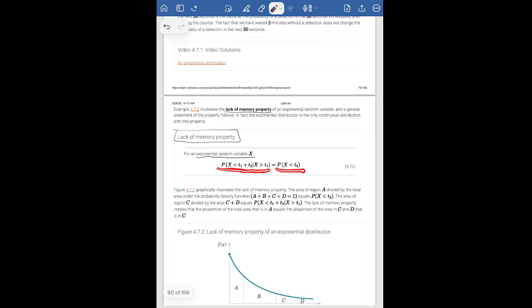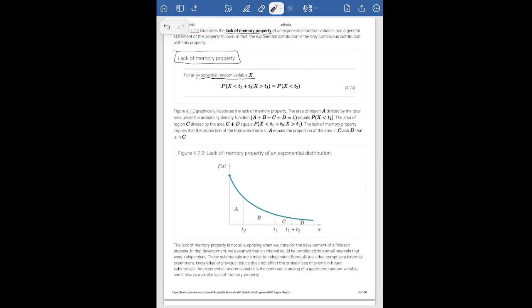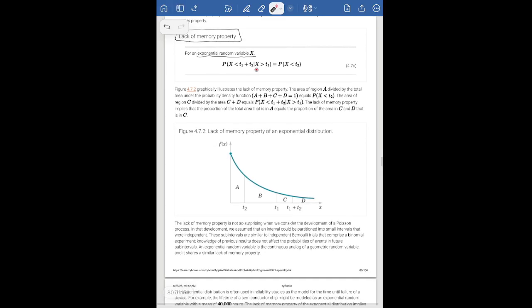It's basically forgetting about what happened with t1, since it's already gotten past that portion, and just seeing what the t2 portion is contributing. Which should make sense because x would have been given to be already greater than t1. So this is the portion that would contribute to the probability in question.